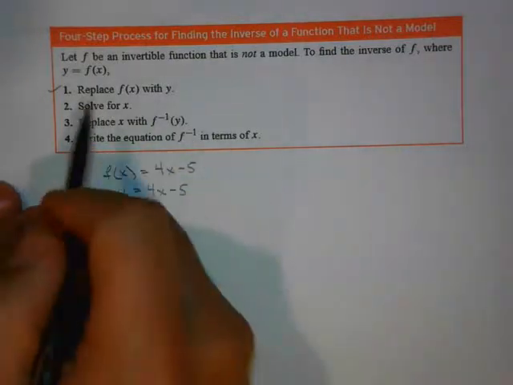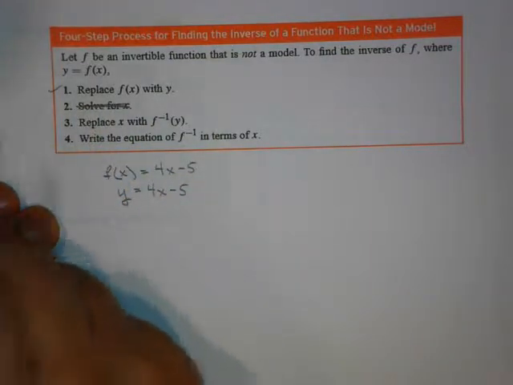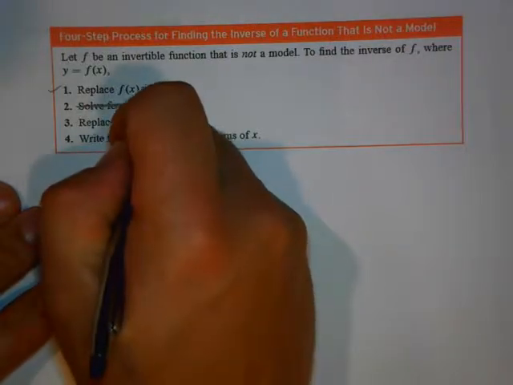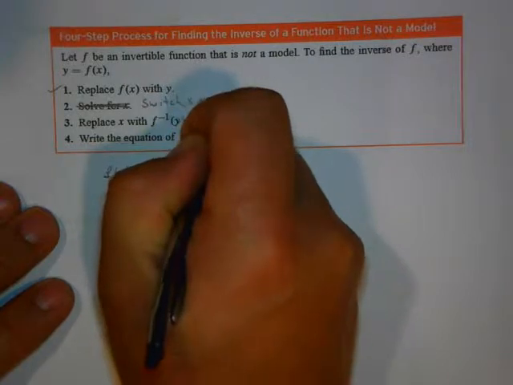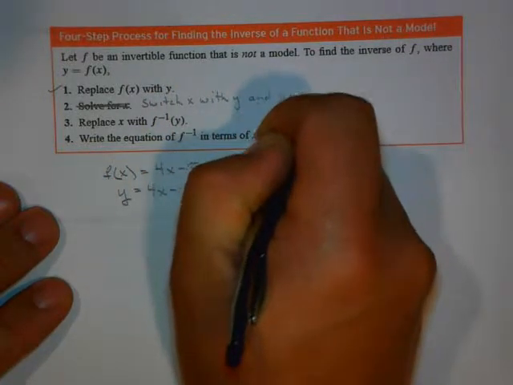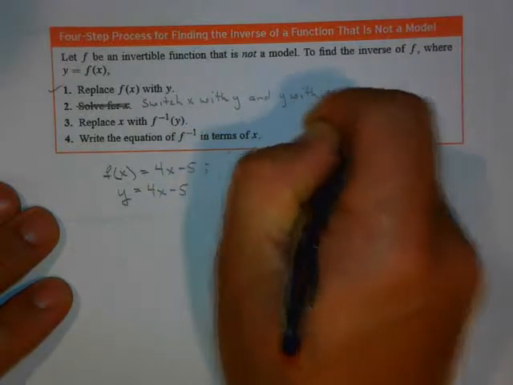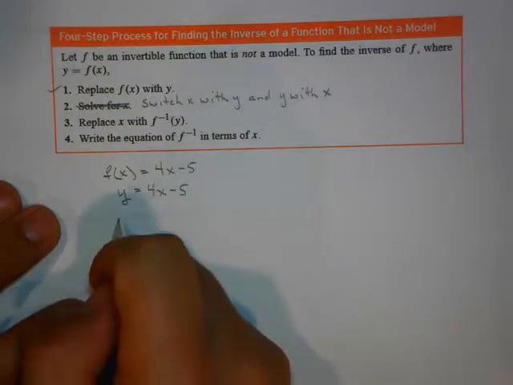And this time we're going to switch x with y and y with x. Now remember how we were talking about how they switch roles. So it's going to be x equals 4y minus 5.